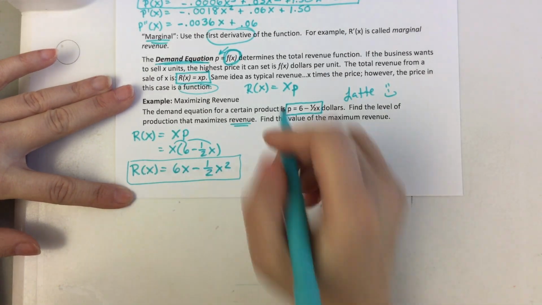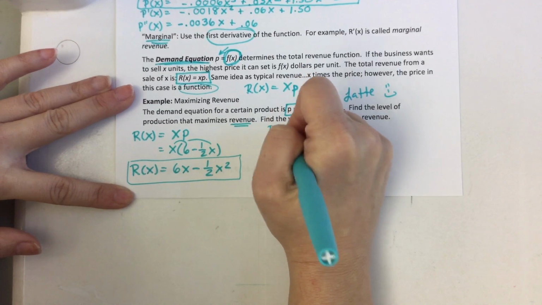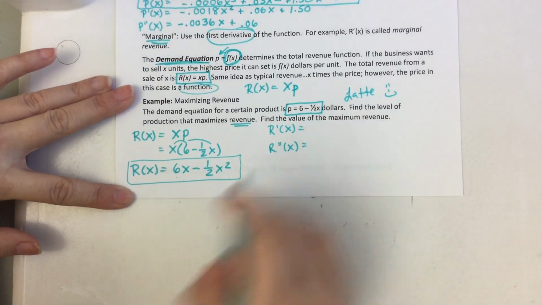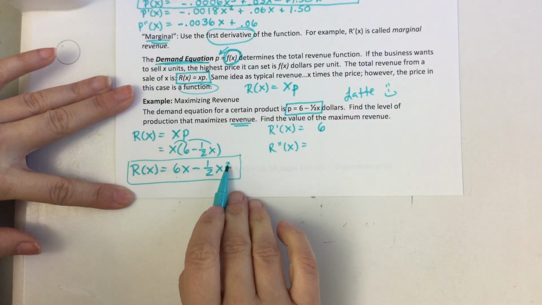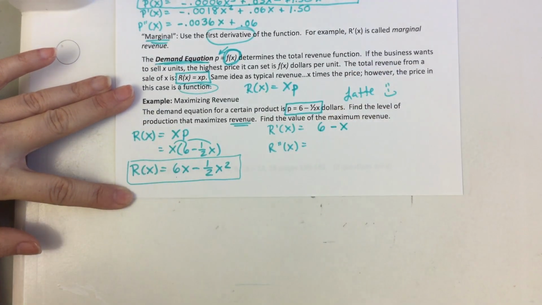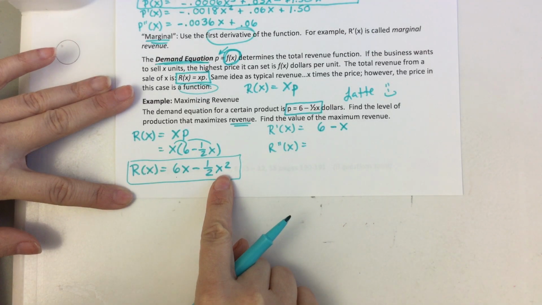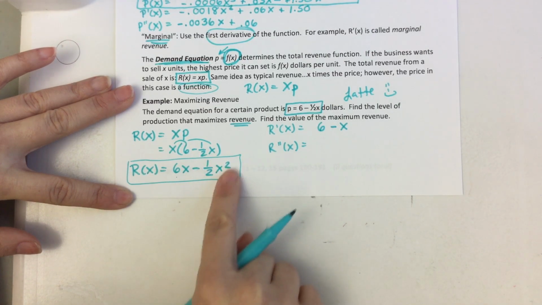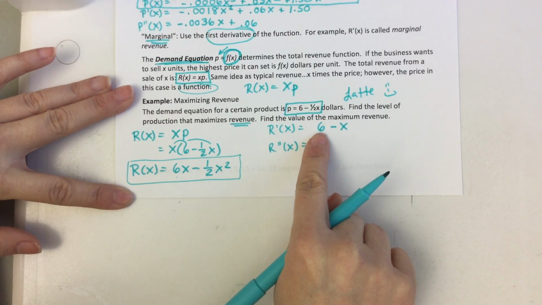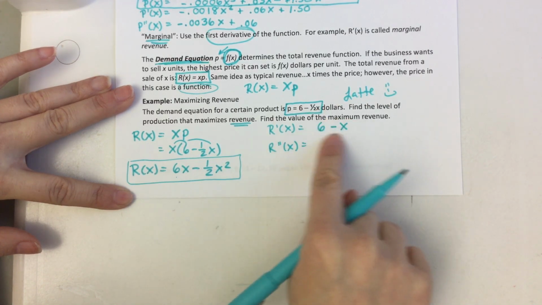Well, when you want to maximize something, you need a first and a second derivative. So let's go ahead and do that. First derivative, this would be a 6. 2 times a negative 1/2 would be a negative 1, and you reduce the power of your variable by 1, so it's just a single X. Now for my revenue, I take the second derivative.